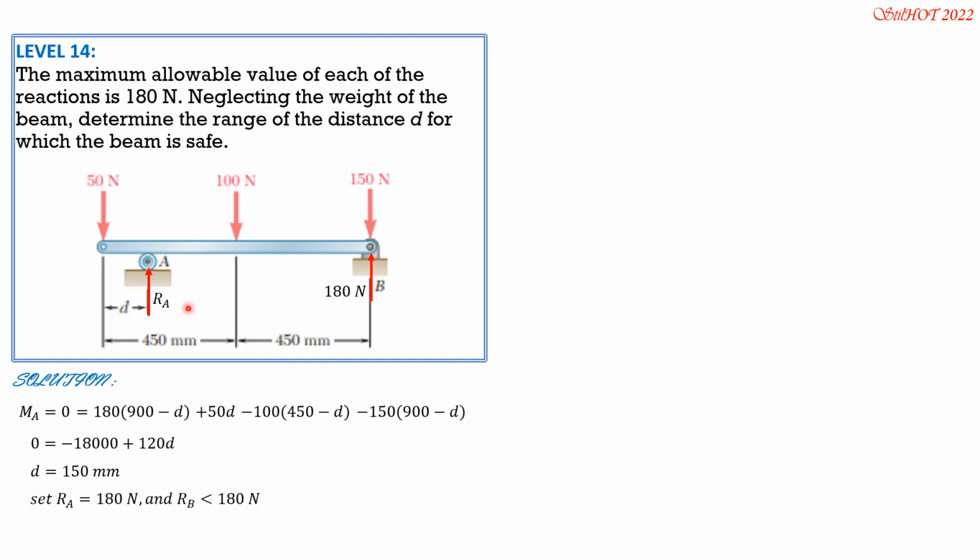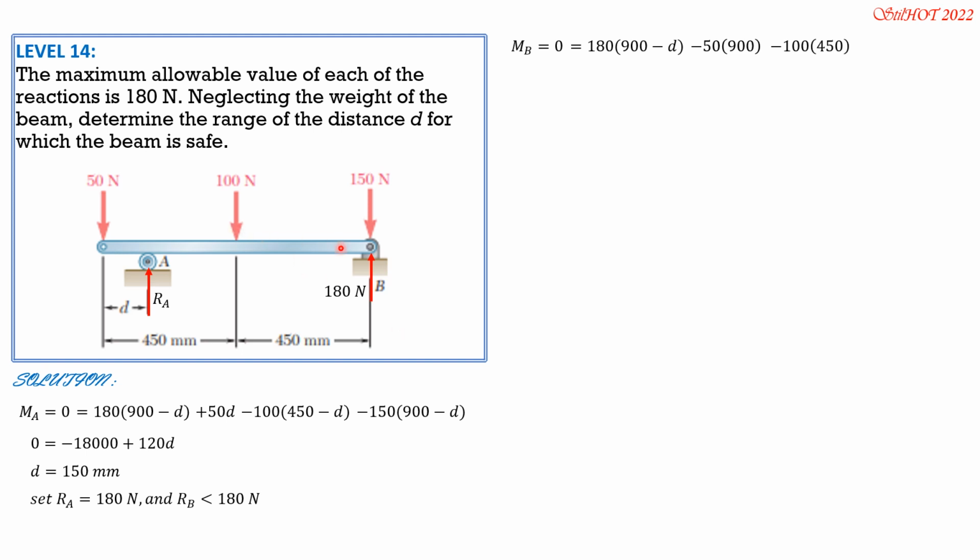So since we know RA equals 180, then we set moment at B equals 0. Considering clockwise positive, so RA 180 clockwise times this distance is 900 mm minus D again, and minus 50 times 900 and minus 100 times 450.